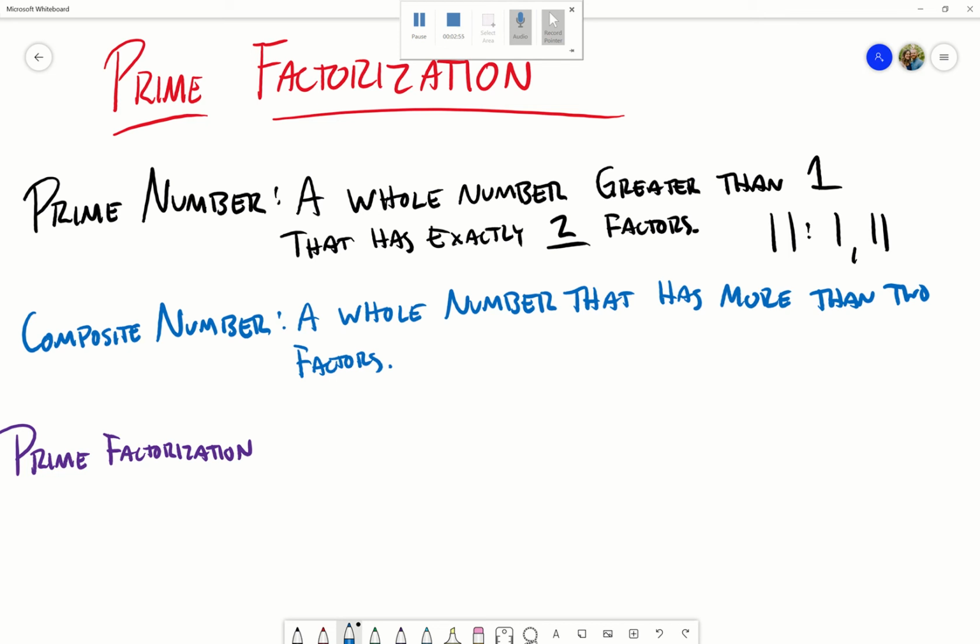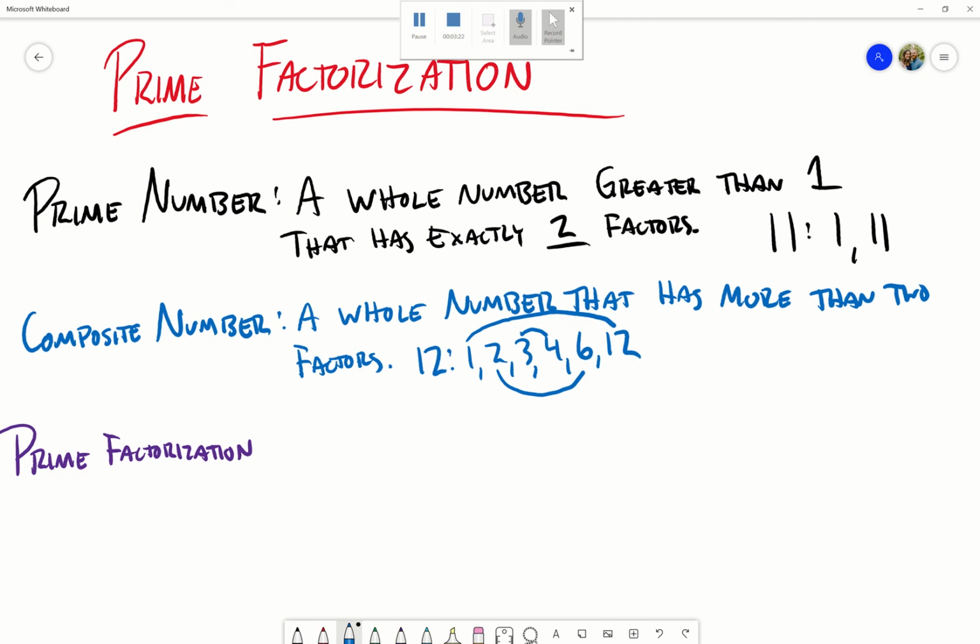So an example of that might be 12 because its factors are 1, 2, 3, 4, 6, and 12. In this case, 3 and 4 multiply together, 2 and 6 multiply together, and 1 and 12 multiply together. All of those numbers multiply together to get to 12.